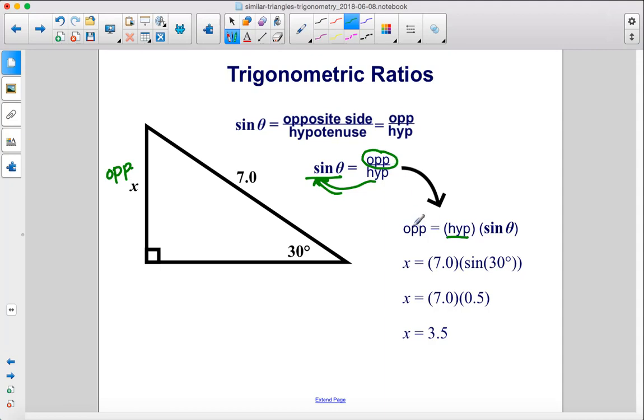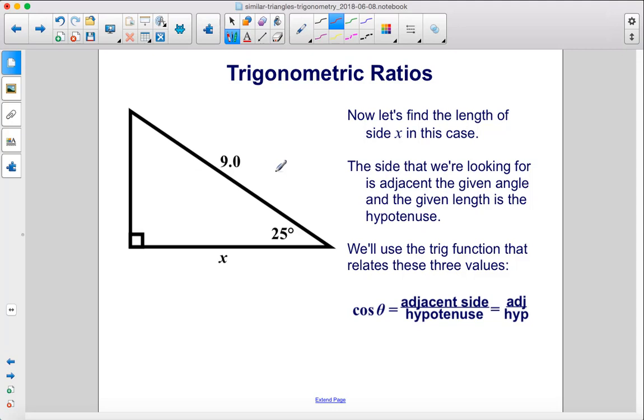So we have opposite equals hypotenuse times sine theta. Then we plug in the information we have. So our hypotenuse is 7.0, and we know that our angle here is 30 degrees, so we put in 30. We put that in our calculator, and we find that sine of 30 degrees is 0.5. Multiply that by 7, and we get x equals 3.5.